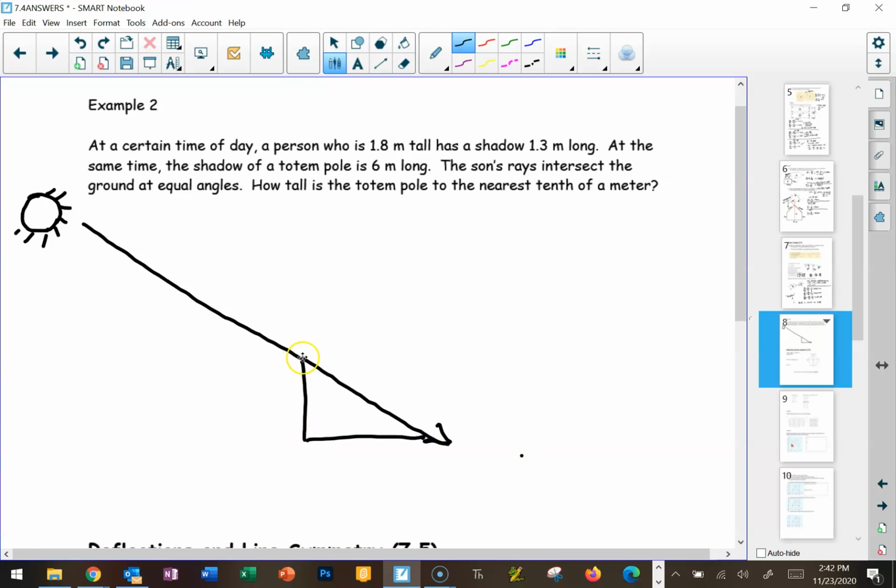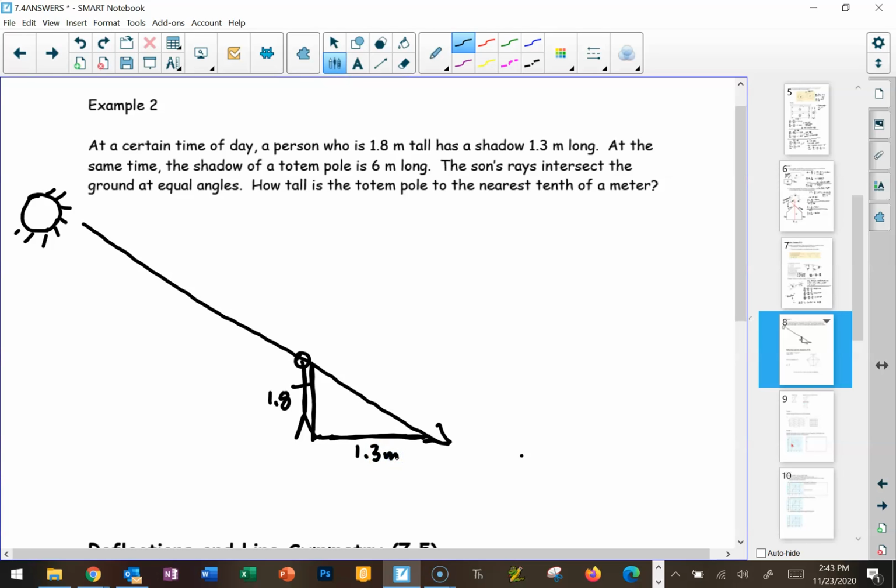Whether it's a boy or a girl doesn't matter, it's a person, standing on the ground, and their shadow is cast. The person is 1.8 meters tall, so that is 1.8 meters right there, and the shadow is 1.3 meters, so there's the shadow.